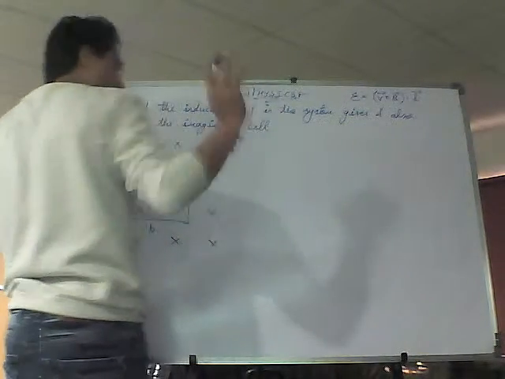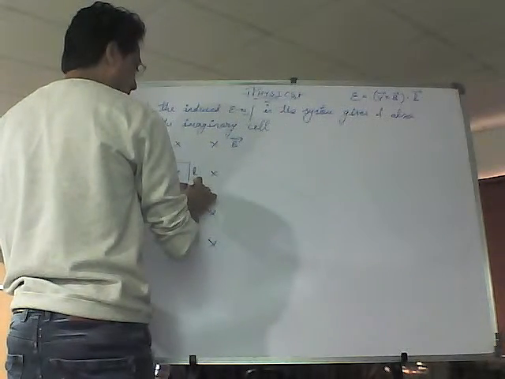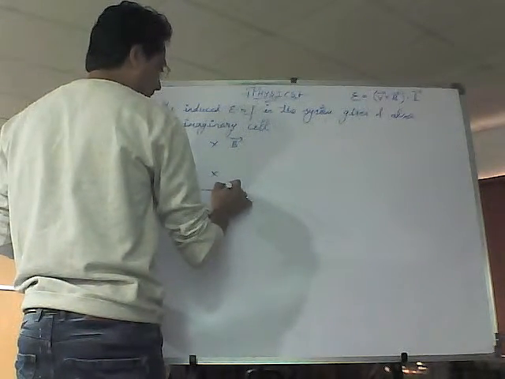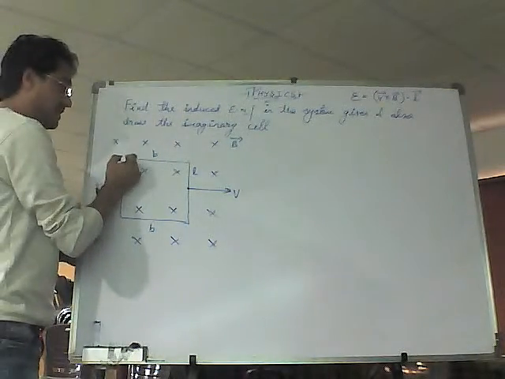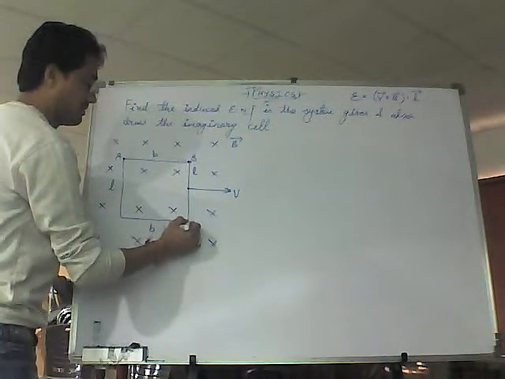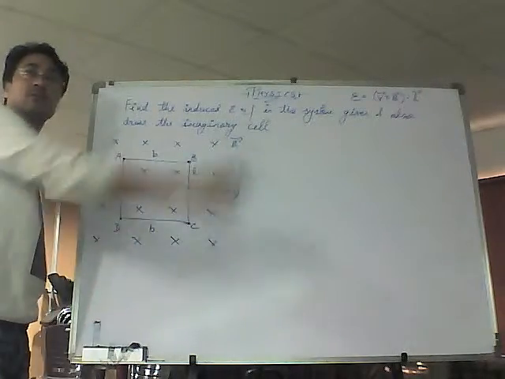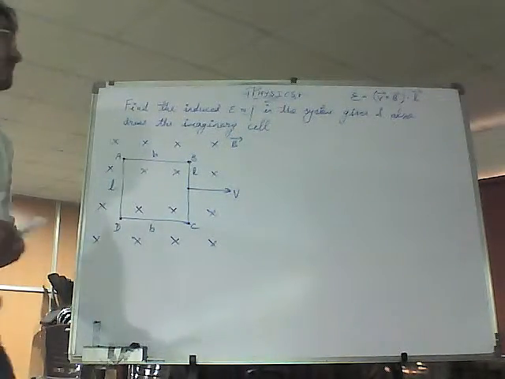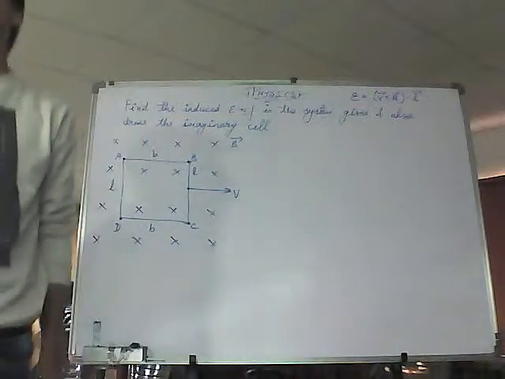Magnetic field B constant है, velocity V कंडक्टर की, जिससे ये लूप A B C D लिख देता हूं, A B C D. It has been moved with velocity v in uniform magnetic field B. What is the induced EMF in this loop? How much is the induced EMF in this loop?